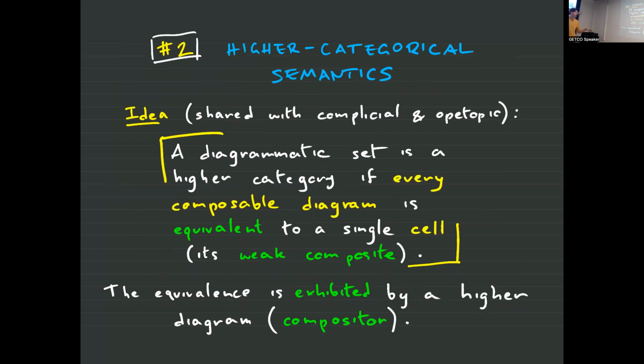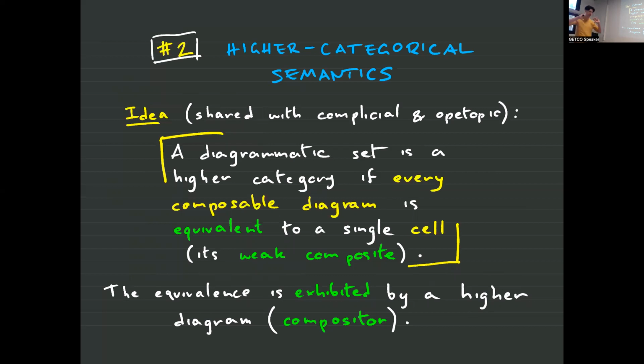And finally, I'll be very brief about categorical semantics. We do have a model of weak higher categories that lives on top of this model of rewrite systems. The idea is that a higher category is a diagrammatic set in which every composable diagram is equivalent to a single cell.